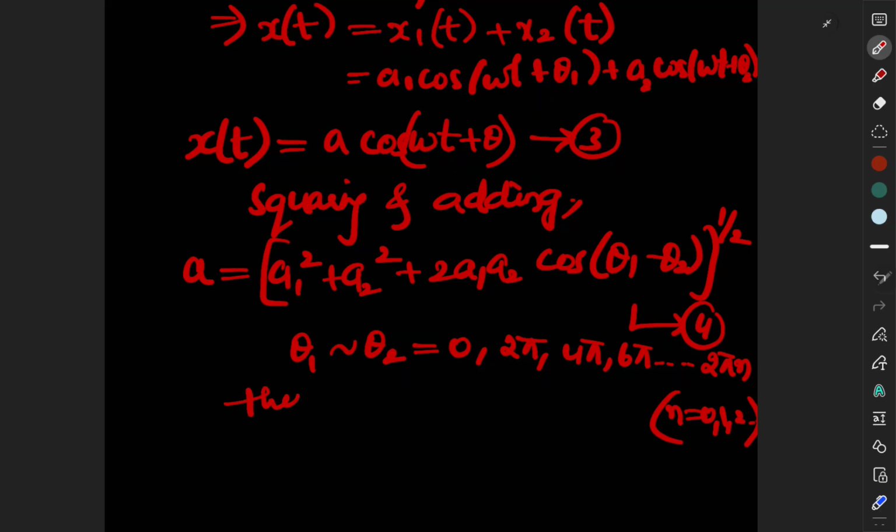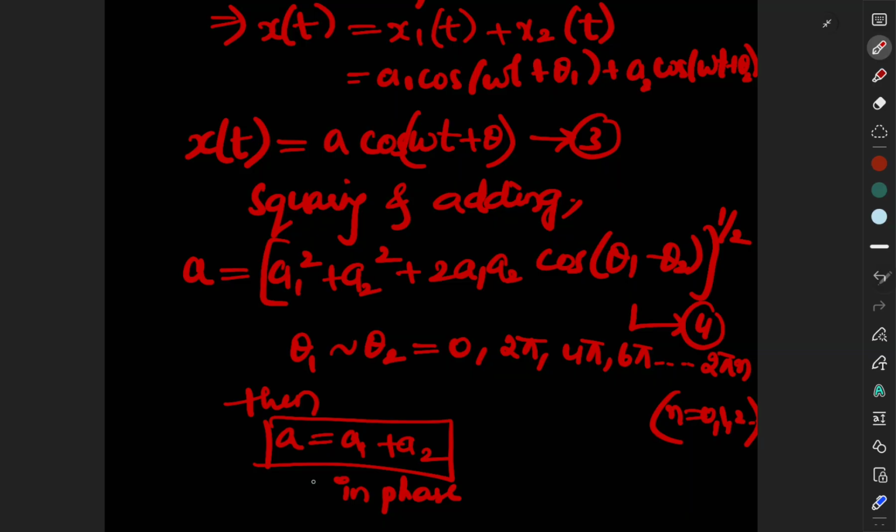then what happens? Then a is equal to a1 plus a2. Thus, if two displacements are in phase, then the resultant amplitude is the sum of the two waves' amplitudes.